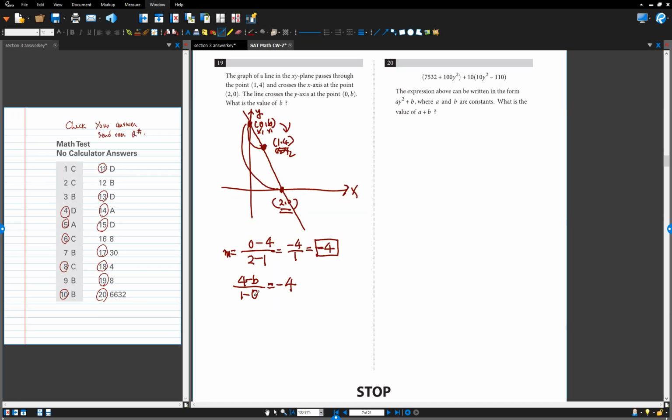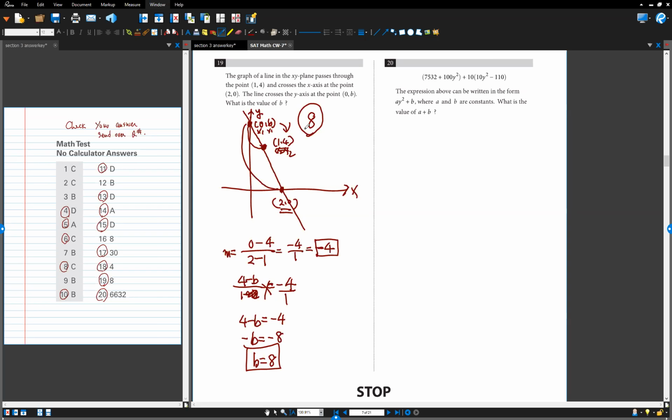So 4 minus b over 1 minus 0, that is 1. Cross multiplication, 4 minus b equals negative 4, isn't it? So minus 4, quickly, negative 8. Now times negative 1, b must be equal to what? 8, is it? 8 is the answer.